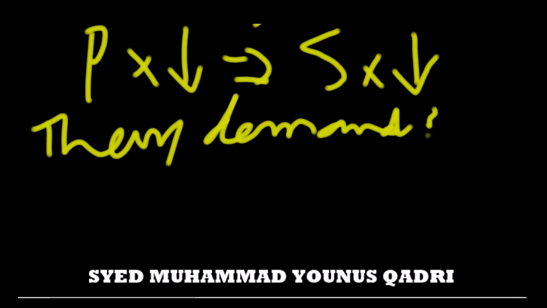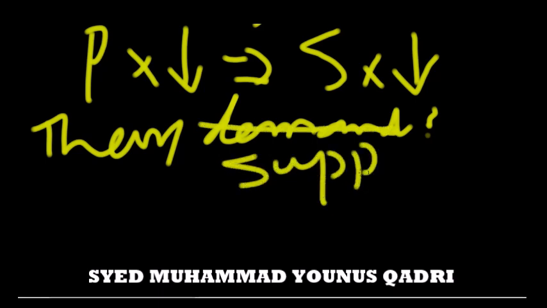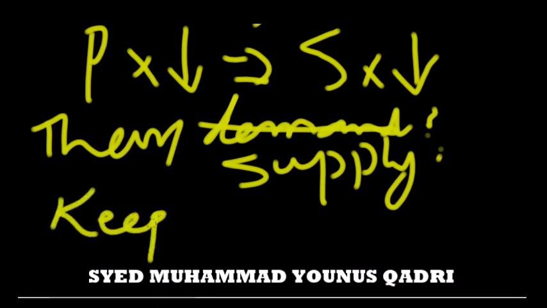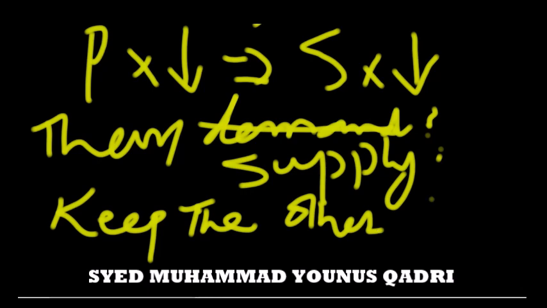What is the assumption behind it? Like in the theory of supply, not the demand, it is the supply. So what are those other things? Like in demand, we keep the other things constant.